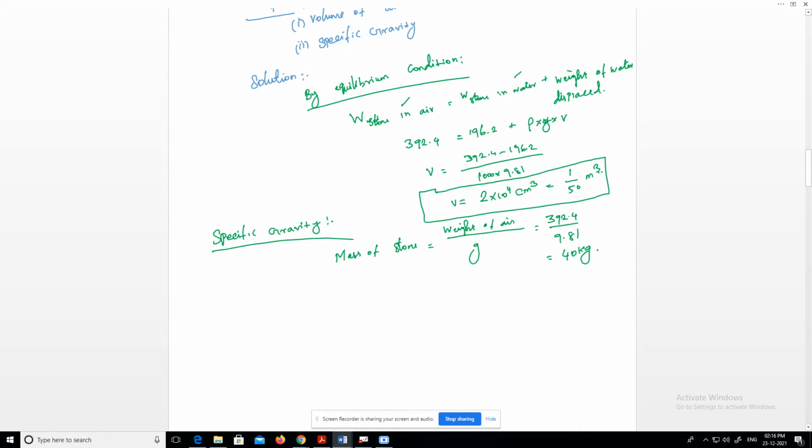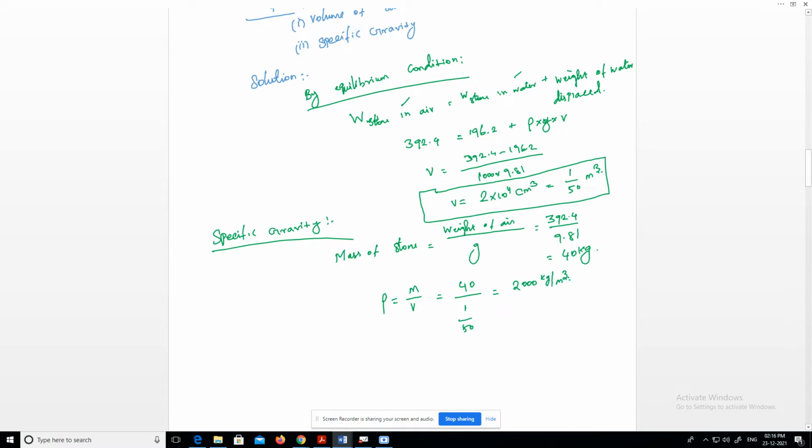Mass of stone is known. From that we can calculate the density. The general density formula: density is equal to mass per volume. Mass is 40, volume is 1 by 50, which is equal to 2000 kg per meter cube.